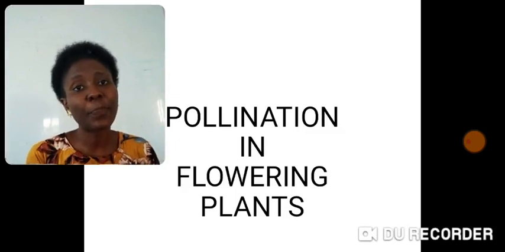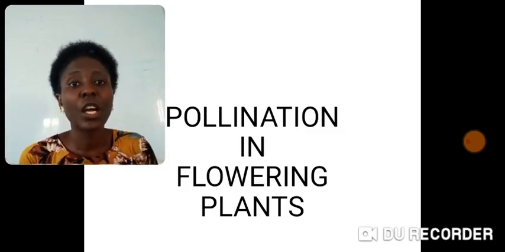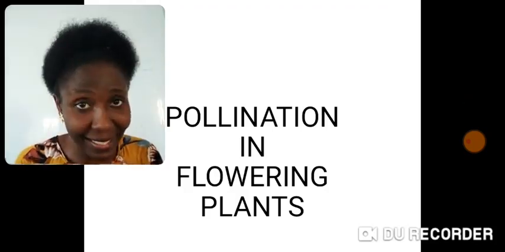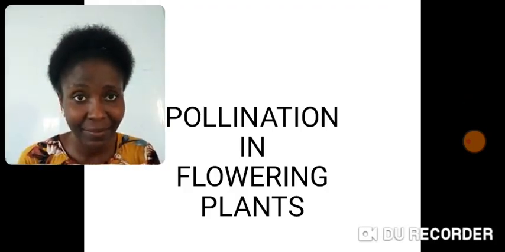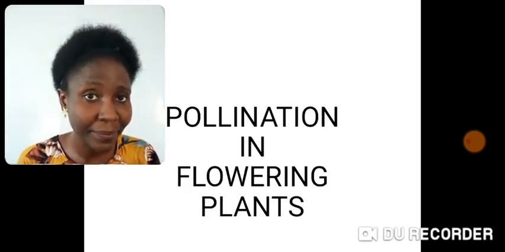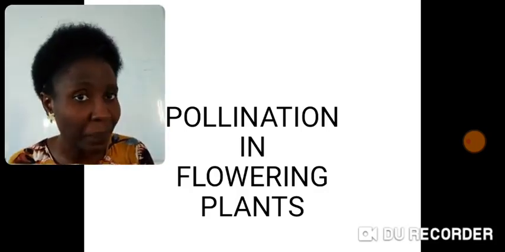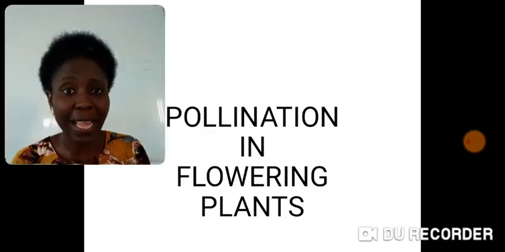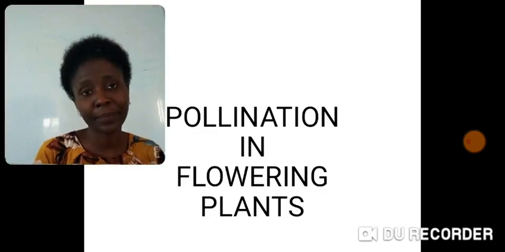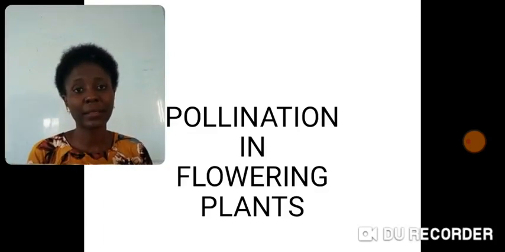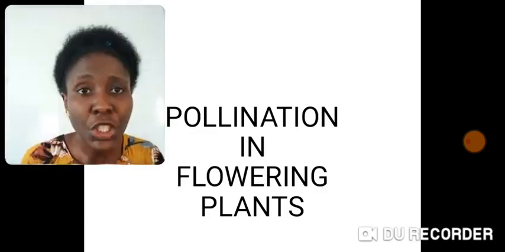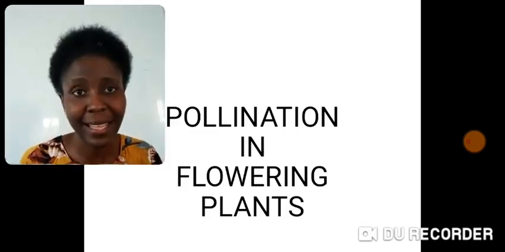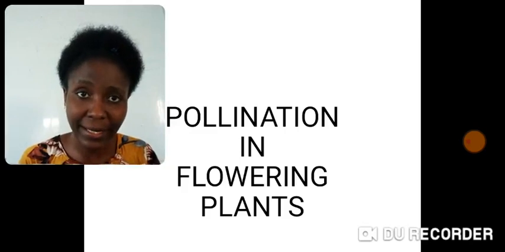So the agents of pollination will be insects, wind, water, even animals like birds, bats, including man. Okay? But the two most common agents will be insects and wind.